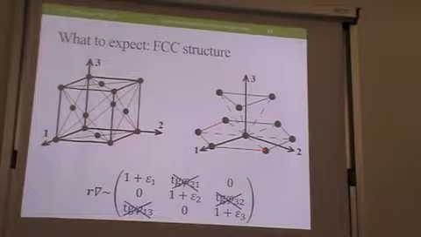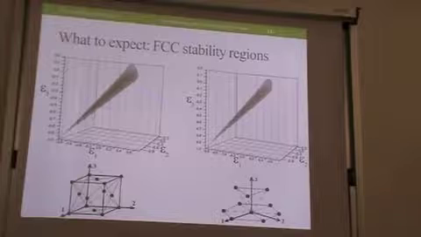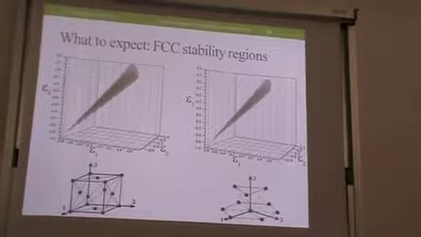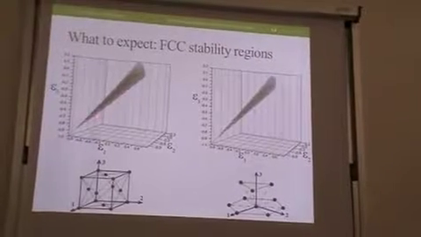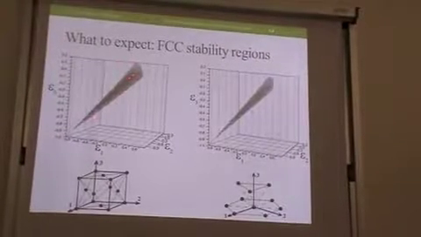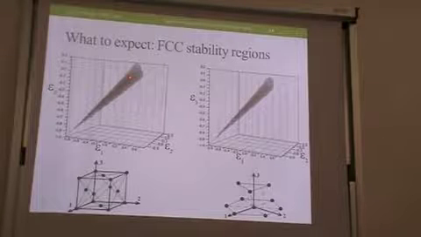And this is also the face-centered cubic lattice, but the axes are directed in the plane of the transverse isotropy and along the axis. The stability regions in these two cases will look the following way. That's for the Lagrange potential. As you see, the stress-free configuration with epsilons equal to 0 is somewhere here.